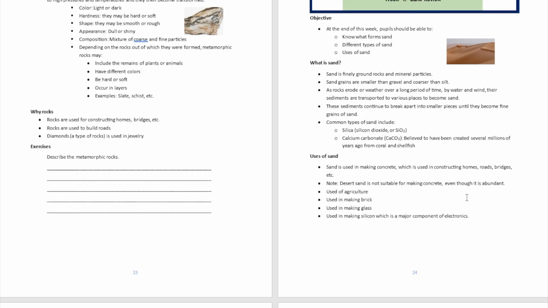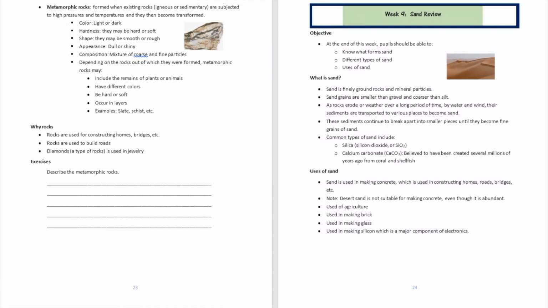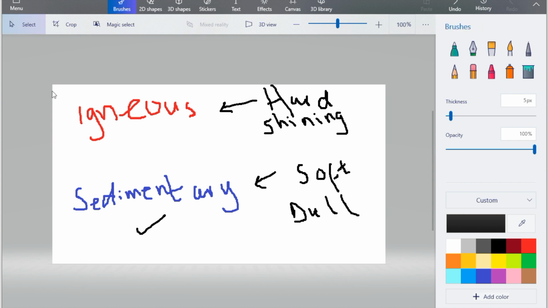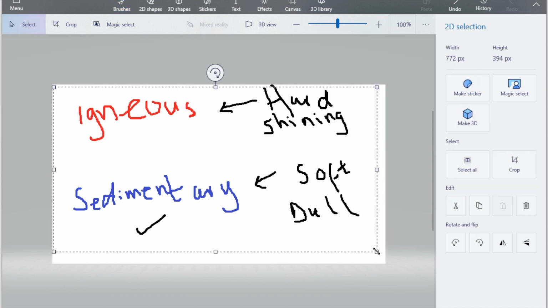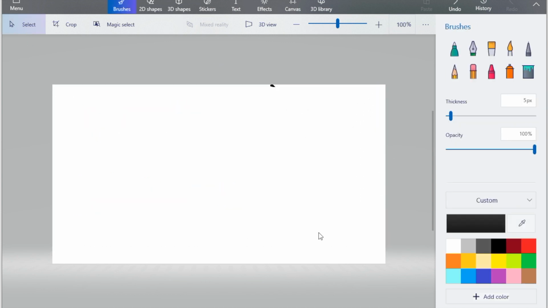All right, so let's jot down a few points on the board so we do not forget what we talked about today. What are the different types of sand? Different types of sand will be things like silica. How many people can remember that?